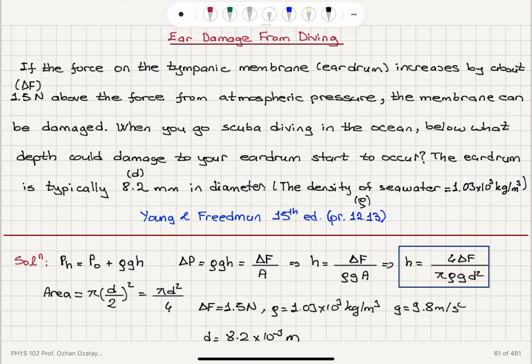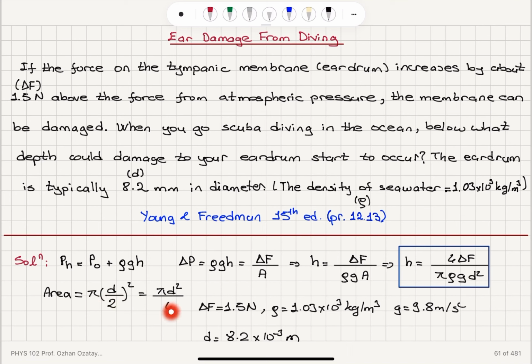We know that the pressure as a function of depth increases by an amount ρgh. The gauge pressure, the pressure above the atmospheric pressure, is ρgh, which is the additional force divided by the area A. The cross-sectional area of the eardrum is π(d over 2) squared, πr squared, assuming that it is a nice circle.